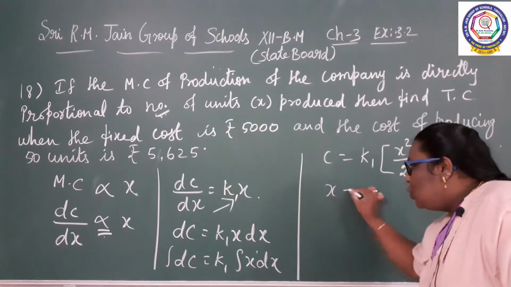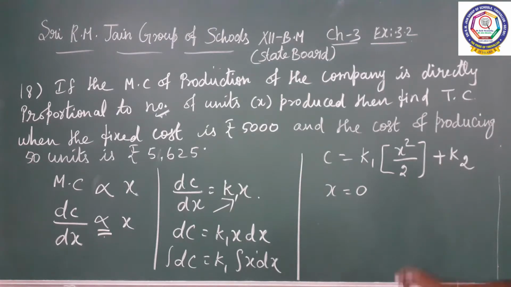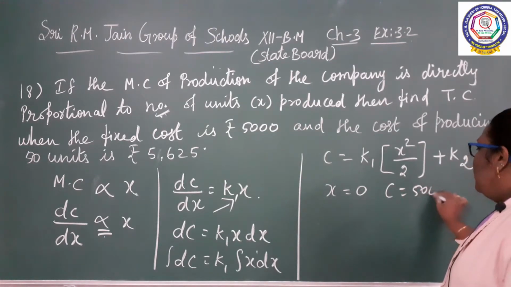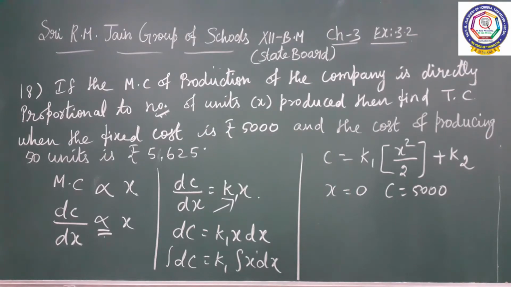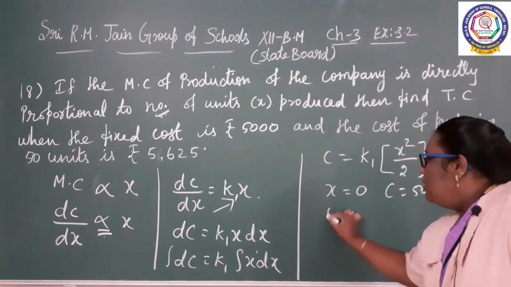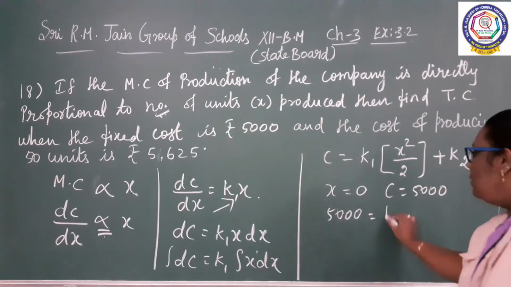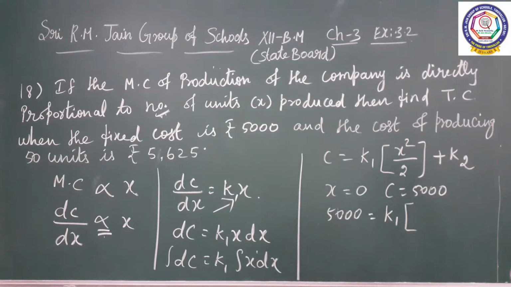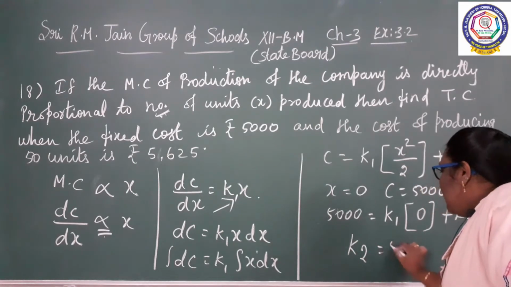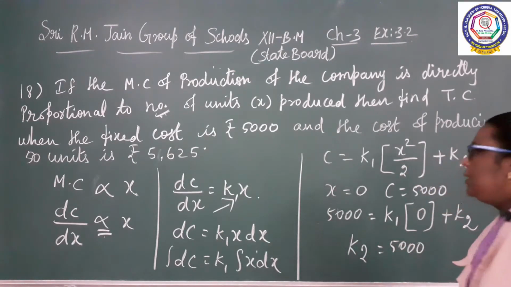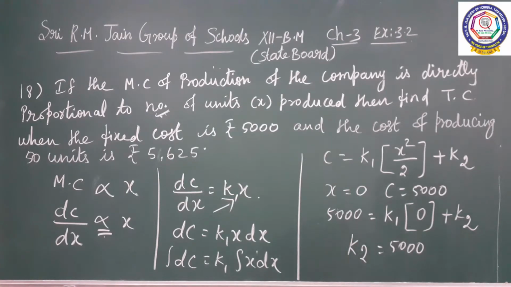See here, when there is no output, x equal to 0, c equal to 5,000. So 5,000 equal to K1 into 0 by 2, which is 0, plus K2. So what is the value of K2 here? K2 equal to 5,000.